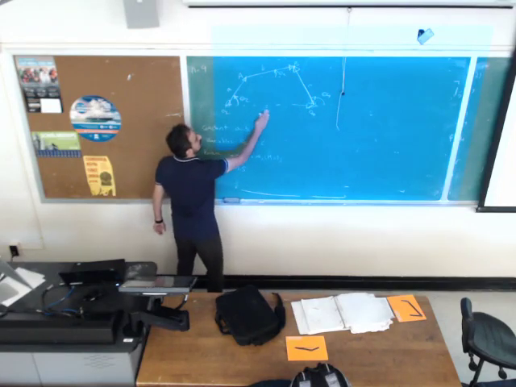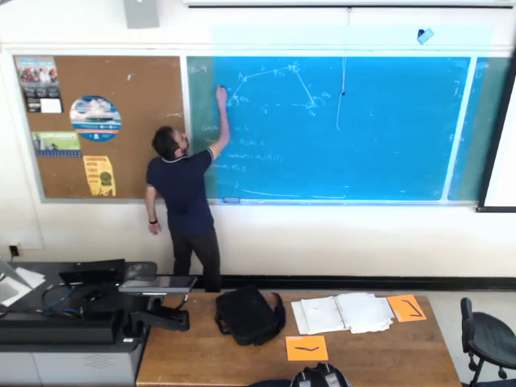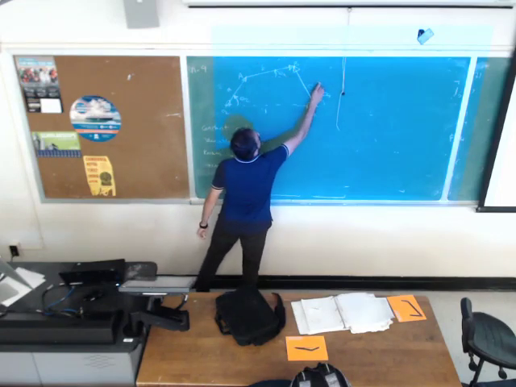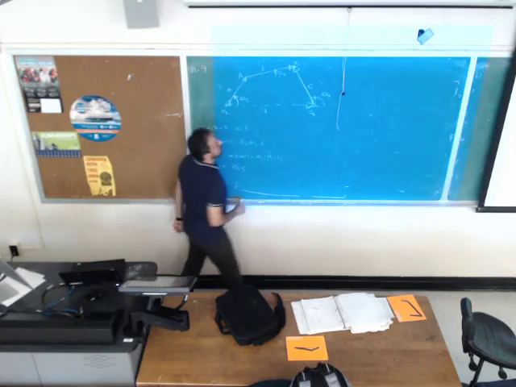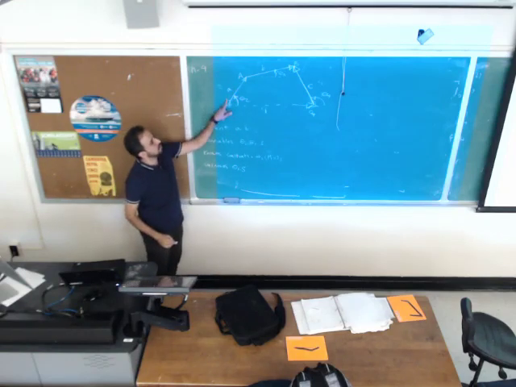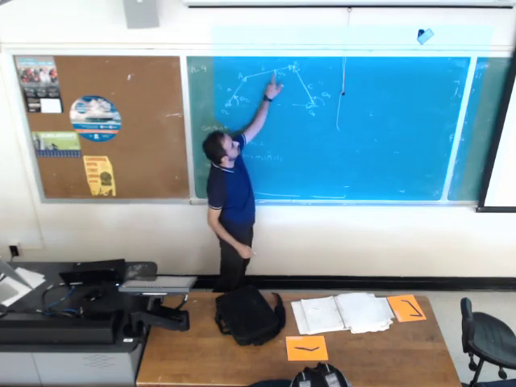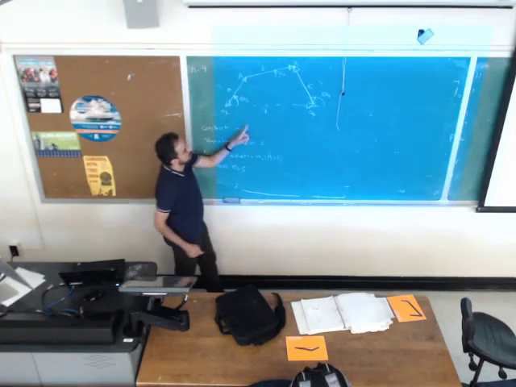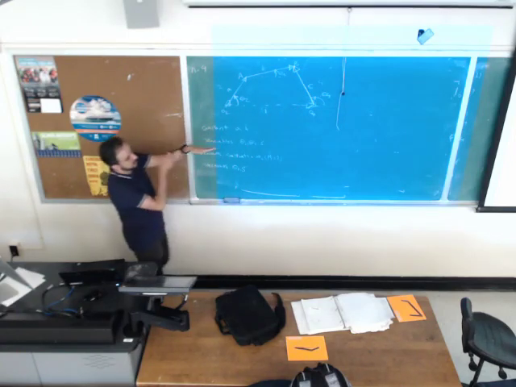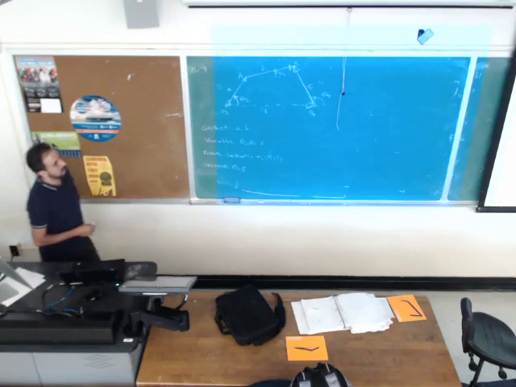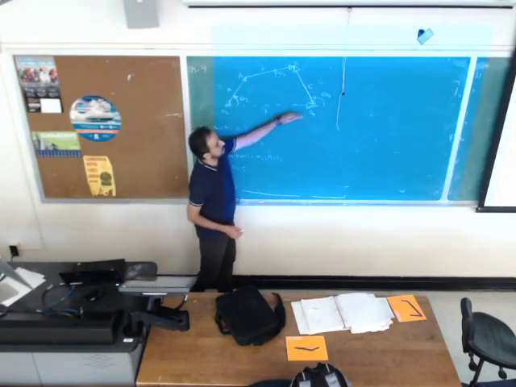Link 1 is ground. So theta 2 corresponds to length 2, theta 3 corresponds to length 3, theta 4 corresponds to length 4. And length 1 is ground, it has the angle of 0 with the ground.